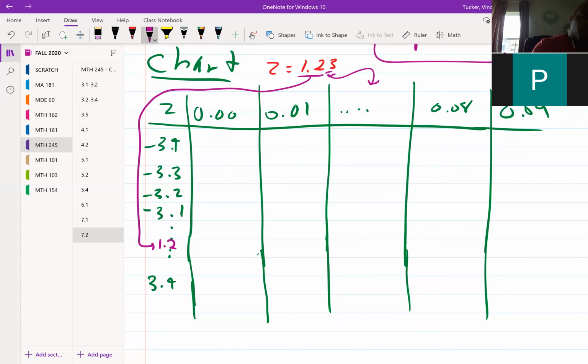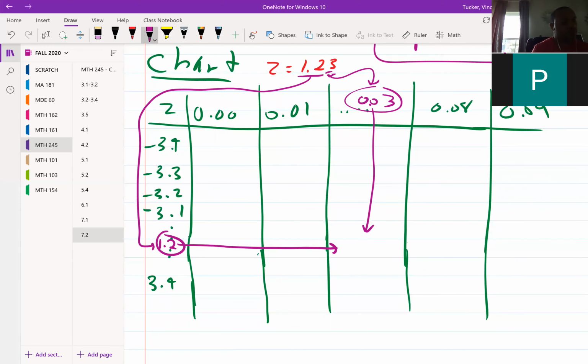So I'm looking for 1.2 here, 0.03 up here. And where they meet in the chart is the value I'm going to pull. So 1.2, 0.8907.